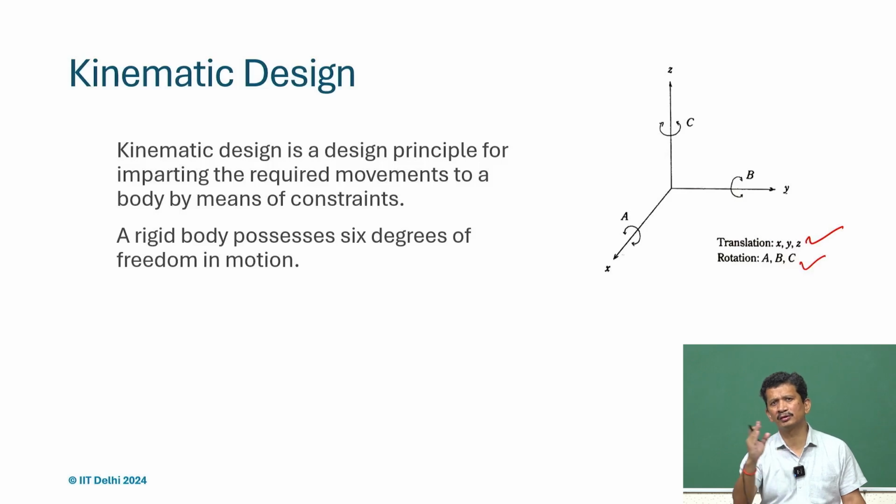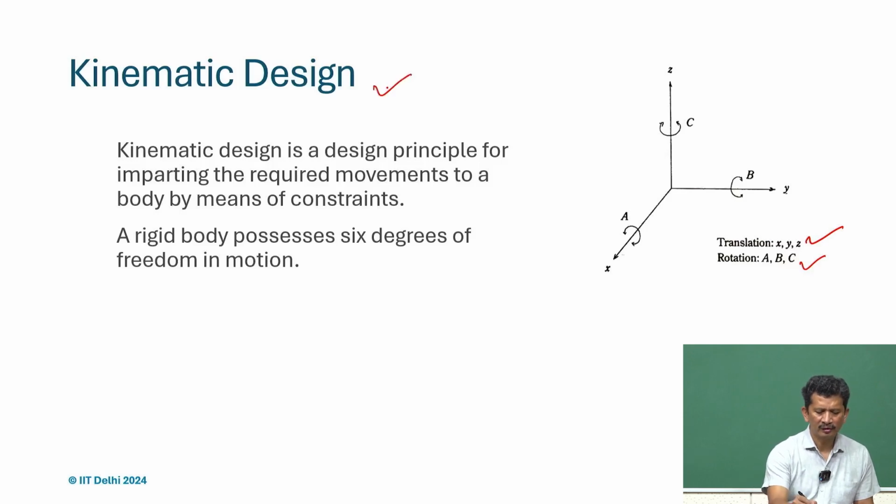It is not like a positive 1 DOF and a negative 1 DOF, no. Many times we face this issue and some people have this confusion. Translation in x means it can move in both positive and negative directions and is 1 degree of freedom. So, it is 6, not 12. Same with rotation, it can be clockwise or anti-clockwise, both ways. It is still considered as 1 degree of freedom.